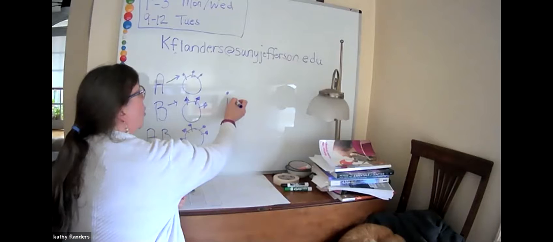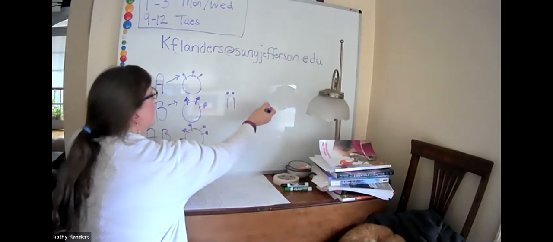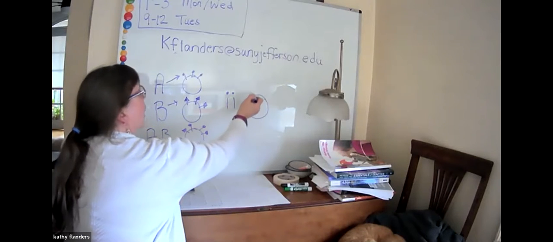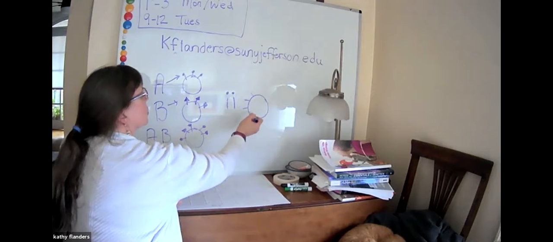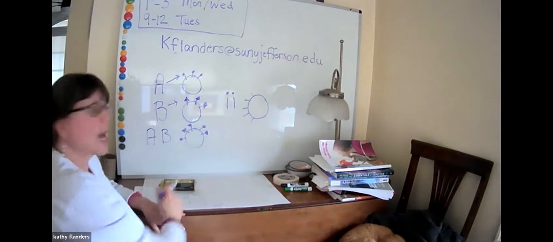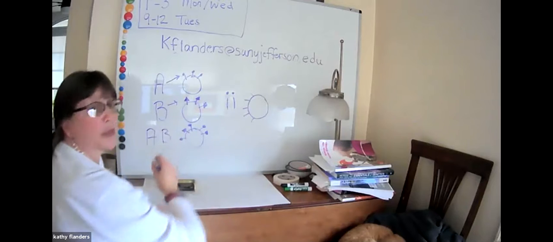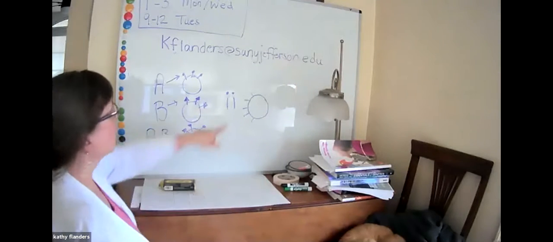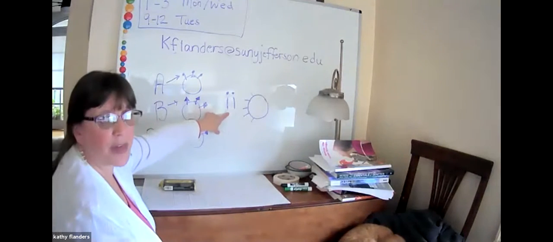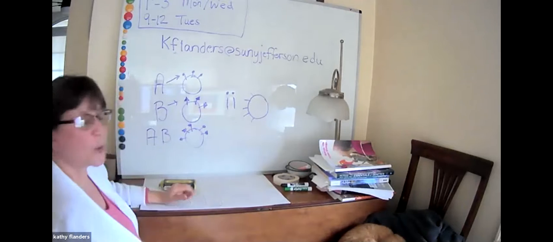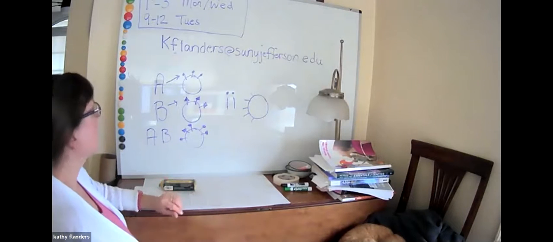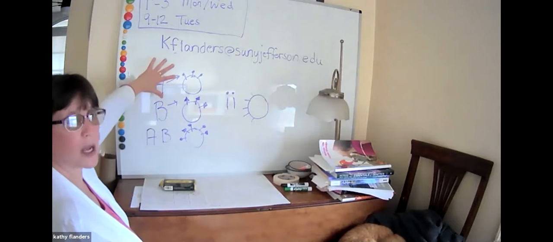So a type O can't put anything on the end because it doesn't have an enzyme to put this either little ball or this little triangle thing. Okay, so my I doesn't get any of that. This is where it gets tricky with codominants. So these are codominant.